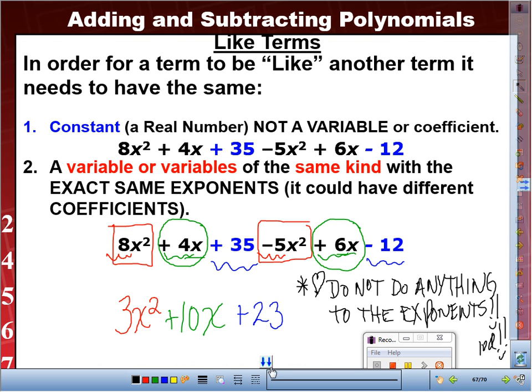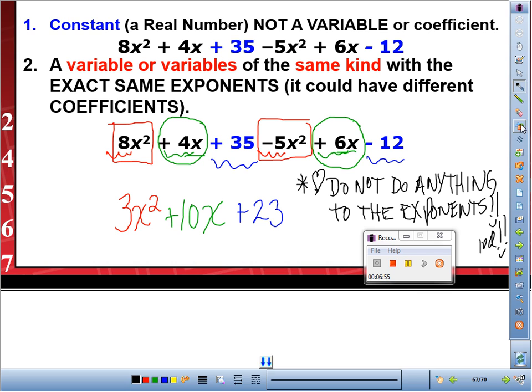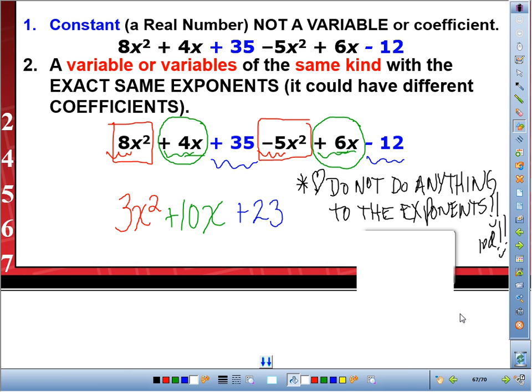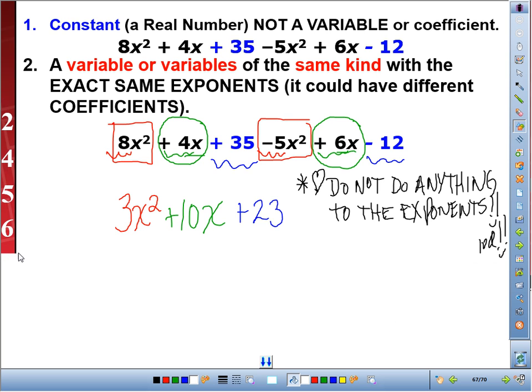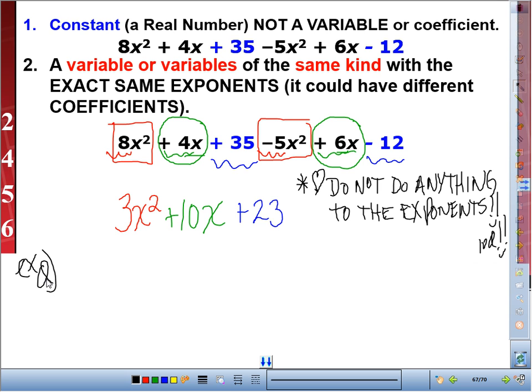Okay? Once you copy that, I'm going to give you an example so you can write that down. Example Q. Copy this.